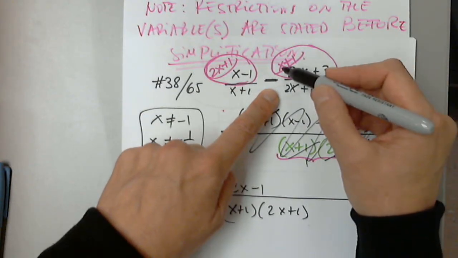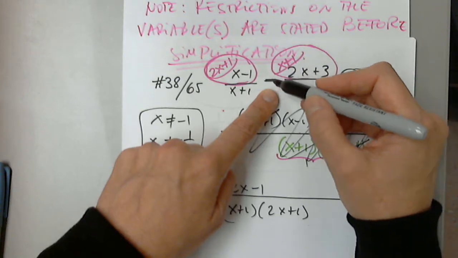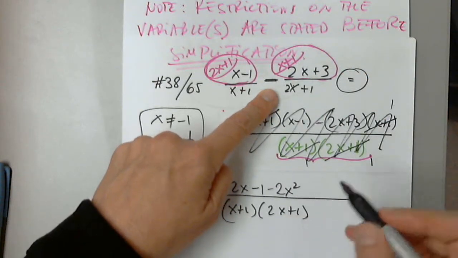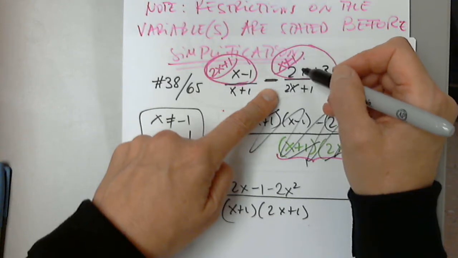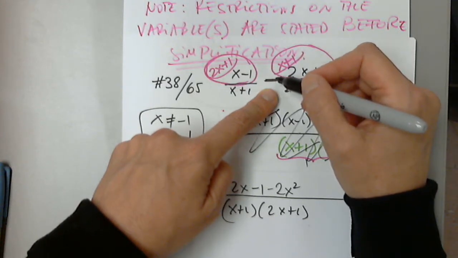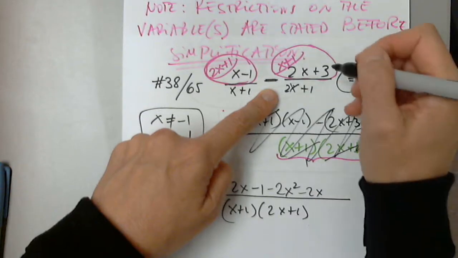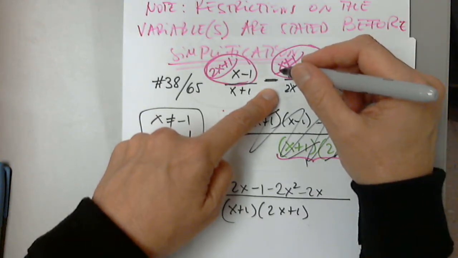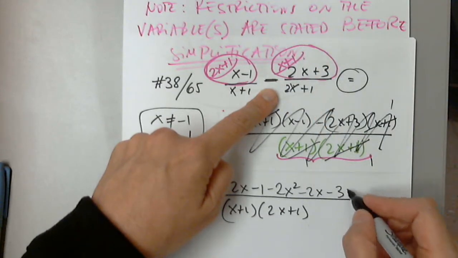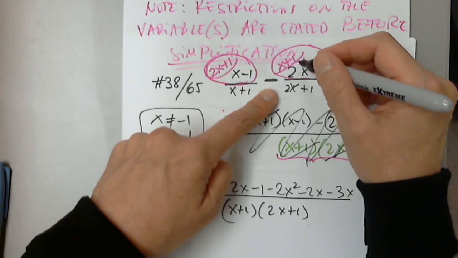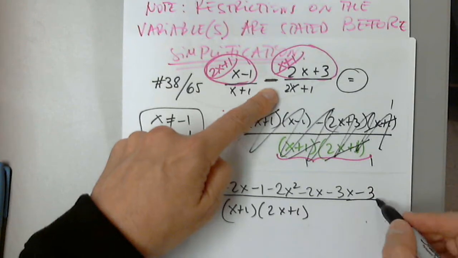Everything. 2x times x with minus in front. 2x times 1. 2x times negative 1. 3 times x with minus in front, and 3 times 1 with minus in front.